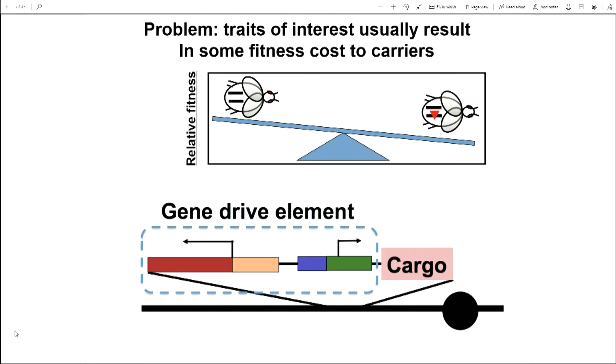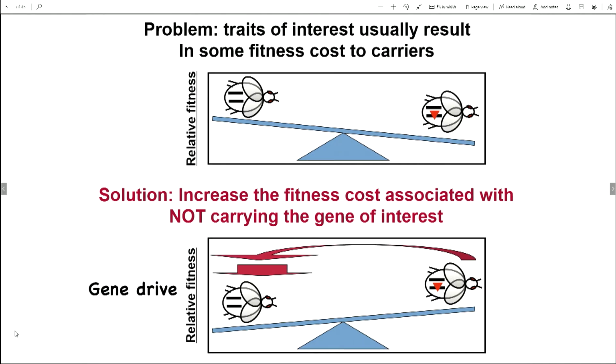When it inserts into a chromosome, and we're going to talk here about elements that remain at a fixed position and happen to have a cargo gene linked to it, it's going to do this magical thing where the gene drive element is going to reverse this fitness relationship, such that now the gene drive carrying individuals are more fit than the non-gene drive carrying individuals.